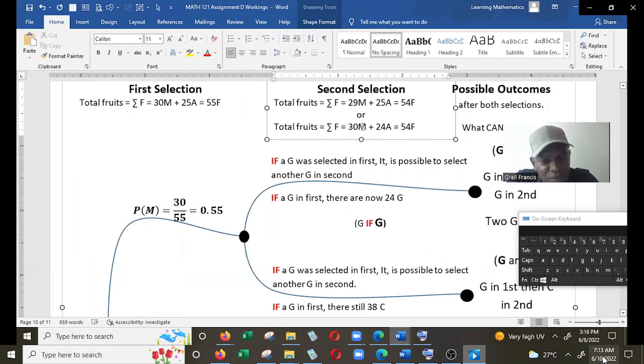I cannot say 40 mangoes or 25 apples. In the basket I haven't got 40 mangoes or 24 apples. In the basket I have 30 mangoes and 25 apples. In the first selection, the basket has 30 mangoes and 25 apples.